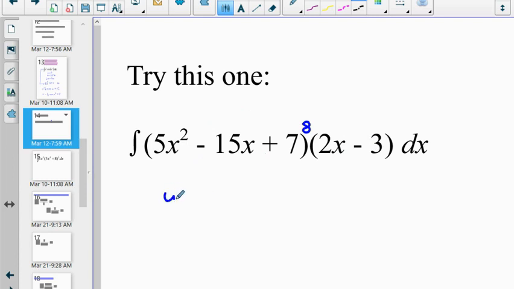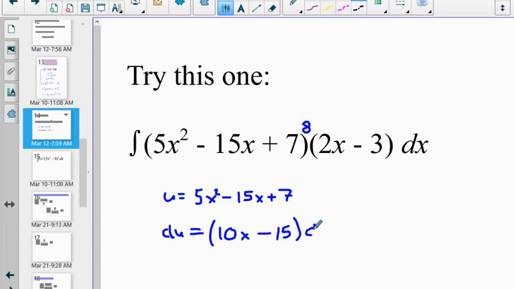So I'm going to let u be 5x squared minus 15x plus 7. That way my du will be, let's see, the derivative of that would be 10x minus 15 dx.